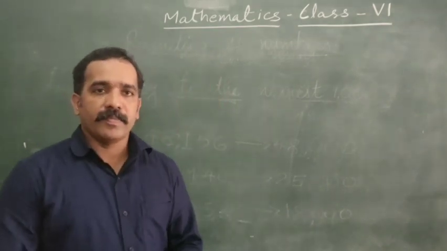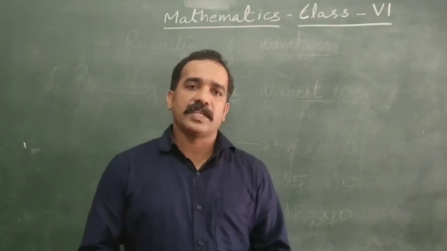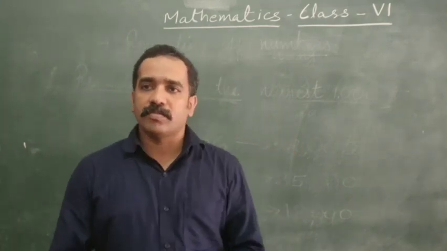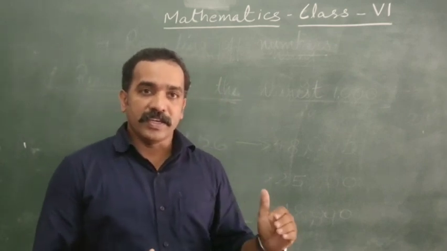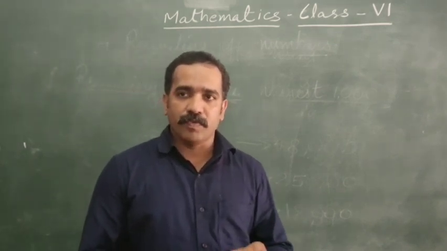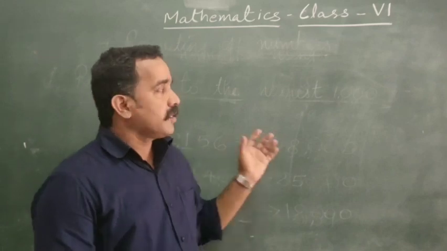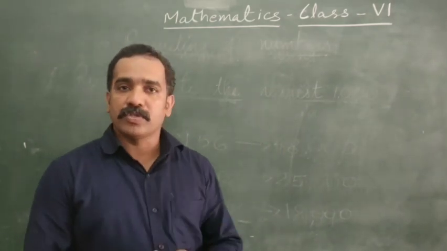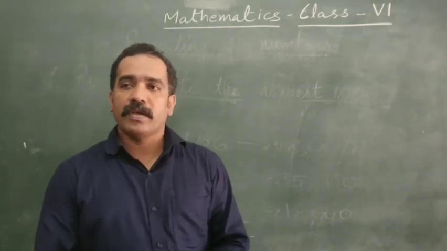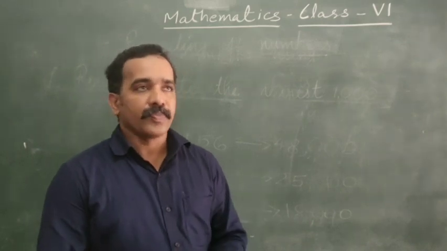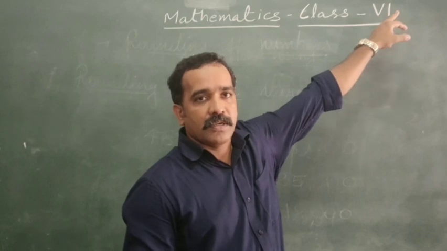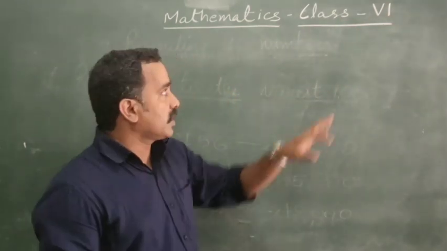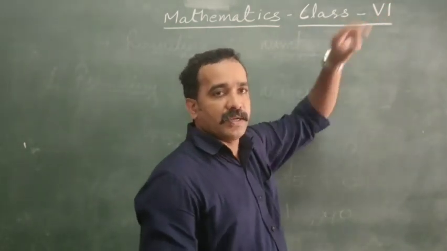So today we are going to see another system of numeration. In the Indian and international place value systems we use Hindu-Arabic numerals, but here we are going to see Roman numerals. You already know. If you look at the board, the number 6 is written using Roman numeral symbols.